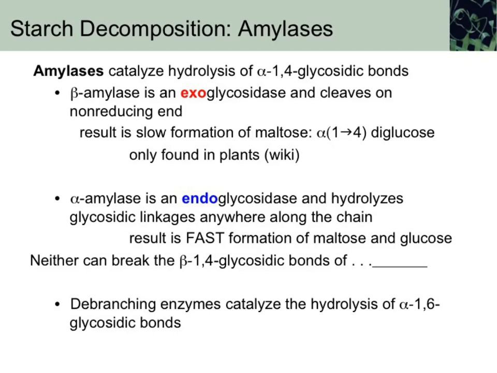Okay, so it's more of a concentration issue than anything else. Neither of them can break your beta 1,4 glycosidic bonds, which happens to show up where? It's our cellulose connection. So neither of those amylases can deal with that.